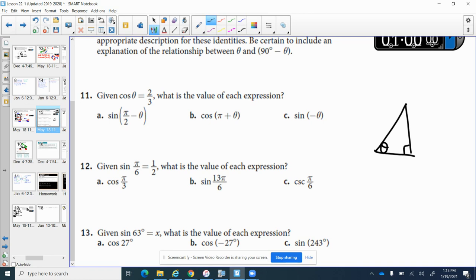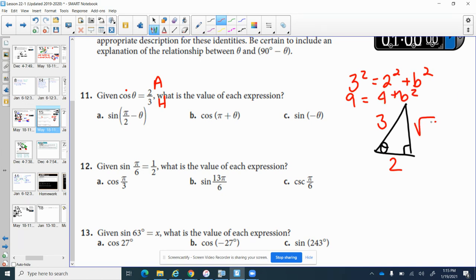We have theta, we have our right triangle, and if we know cosine, we know adjacent over hypotenuse. So we know the adjacent side to theta is 2, the hypotenuse is 3, and by using some Pythagorean theorem, we know that our missing side is 9 minus 4, or the square root of 5.